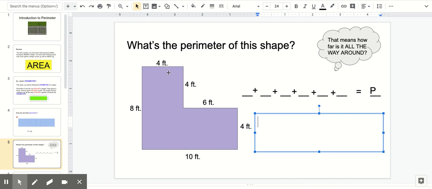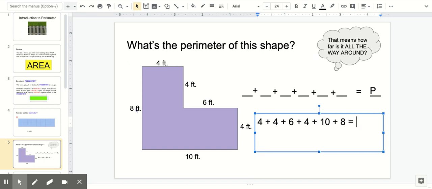So here we go. 4 plus, and now I'm going to go to this one, 4 plus this one, 6 plus another 4 plus, oops, down here to this one, 10 plus, and another one over here, 8.